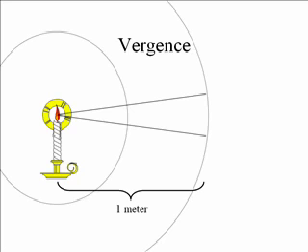I want you to think of vergence as a description of where, from a particular point, the rays of light converge. So in the sample that I've shown here, we're starting out with an object that we traditionally choose as a candle. And we're going to talk about what the vergence is at a few points from the candle.